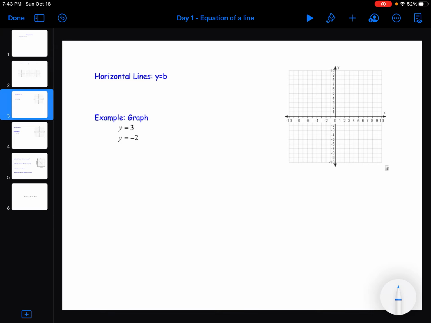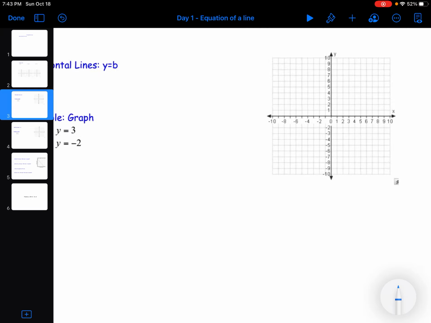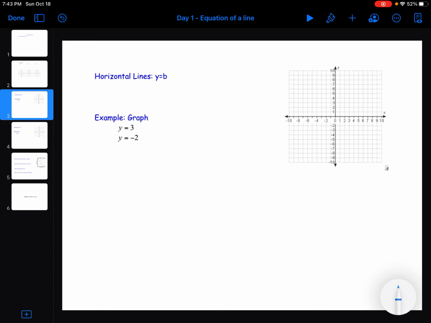Horizontal lines. Now, we talked about this a little bit in class already. If I have y equals 3, remember, a horizontal line has a slope of 0. So if we had y equals mx plus b, our slope is equal to 0, and 0 times any x value is still going to be 0.